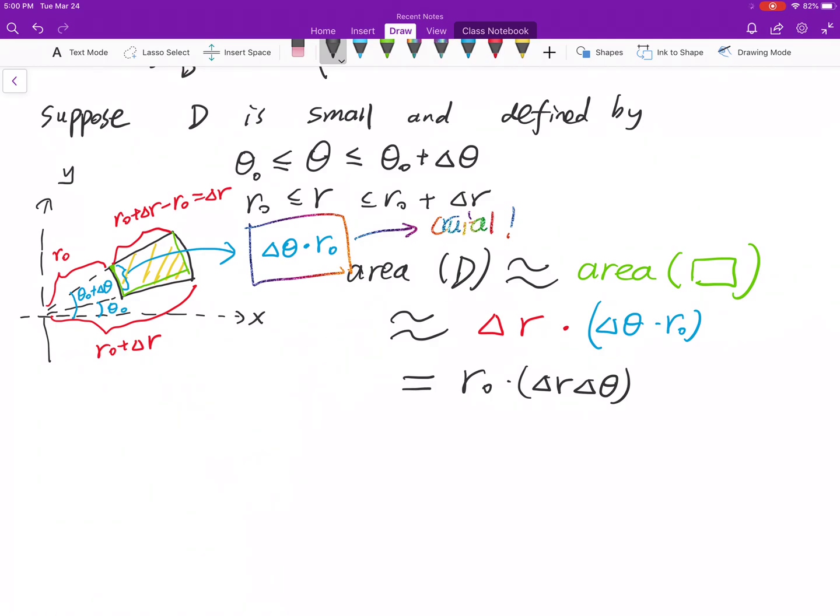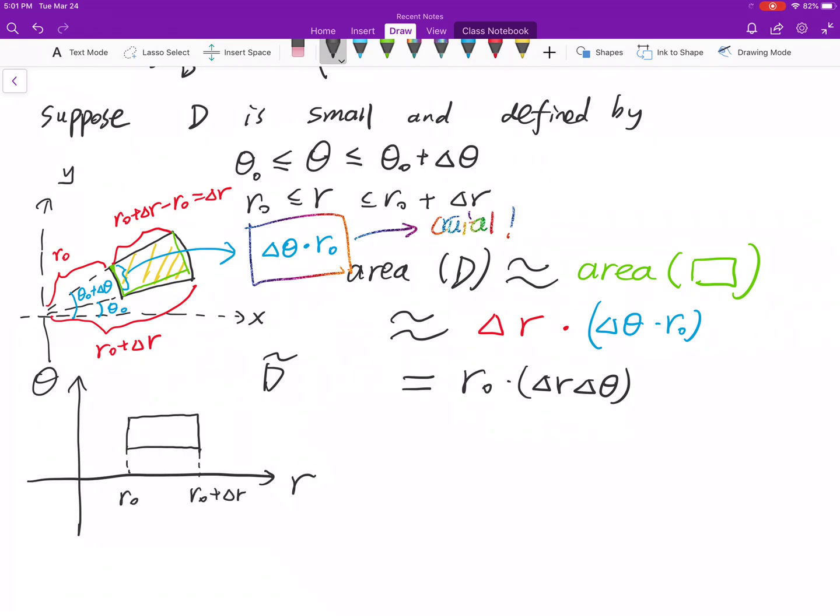Okay, then let's compare the corresponding area in the D star in the polar coordinates. So notice that the region you might have is this one: R0 plus delta R, theta 0 plus delta theta.